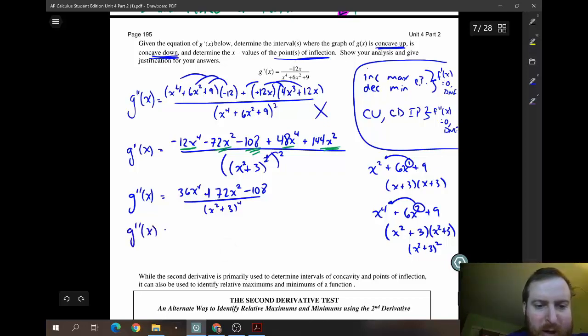Now we can factor out a 36, and we get x to the fourth plus 2x squared minus 3, and this will be something that we can again factor out pretty easily.